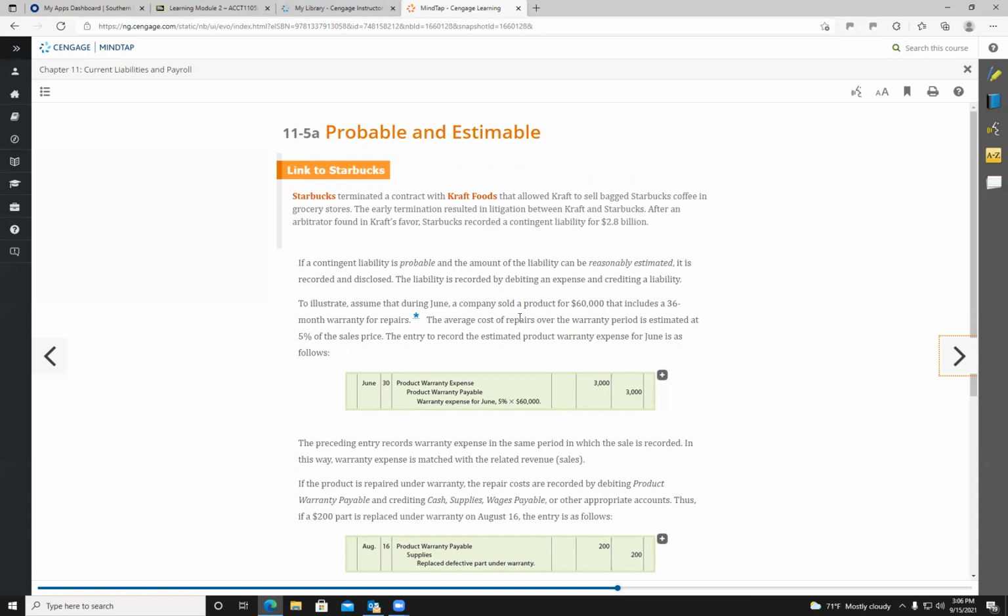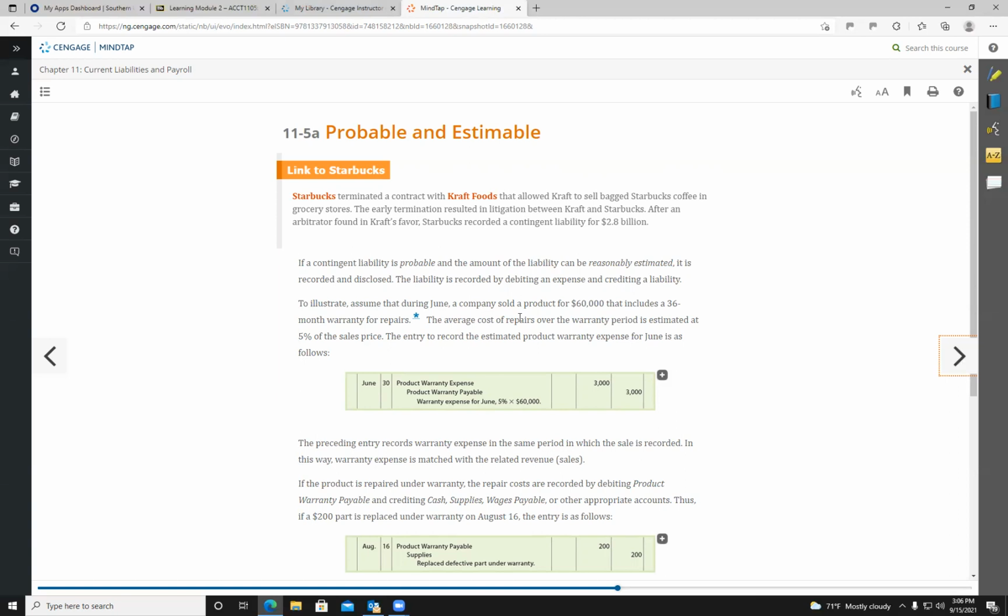So the entry to record the estimated product warranty expense for June would be 5% of the $60,000, which equals $3,000. You first record it as an expense, and then you also set it up as a payable, because it's not necessarily been paid out yet.